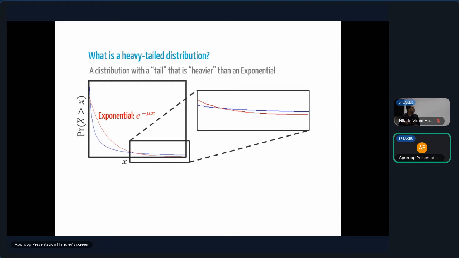So X is heavy tailed if and only if the following is true. Another way of writing this definition would have been to say that if you look at the exponential moments, E raised to theta X, this is infinity for all theta greater than 0.